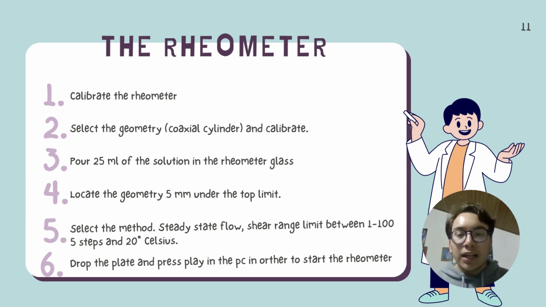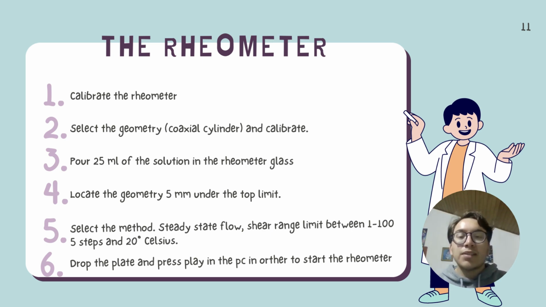When all the calibration is done, we pour 25 milliliters of the solution in the rheometer glass, and then we locate the geometry 5 millimeters under the top limit in order to create a gap.